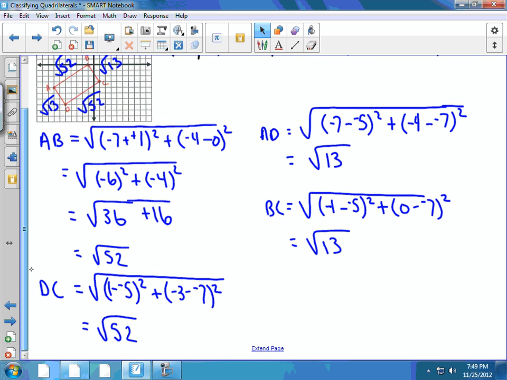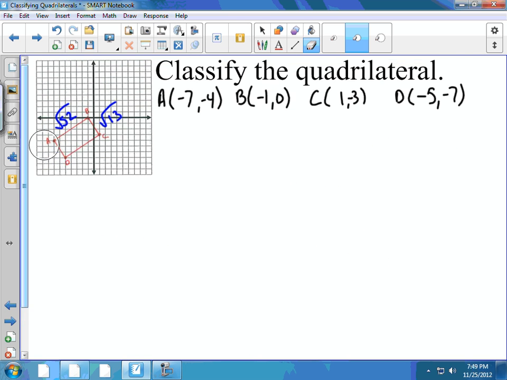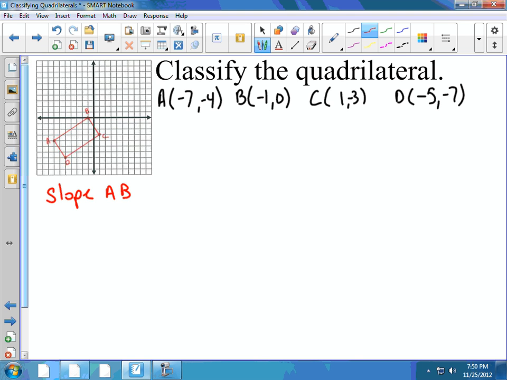So now we need to take a look at slopes. Let me just erase this. All right, so slope of AB. Using our slope formula, we're going to have -4 minus 0 over -7 minus -1.